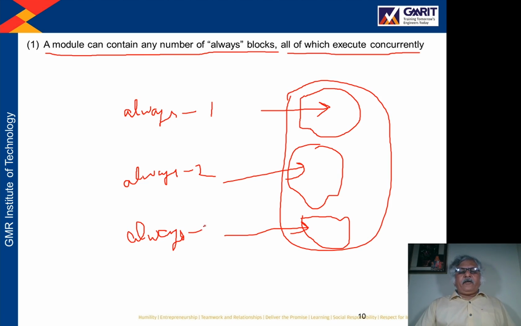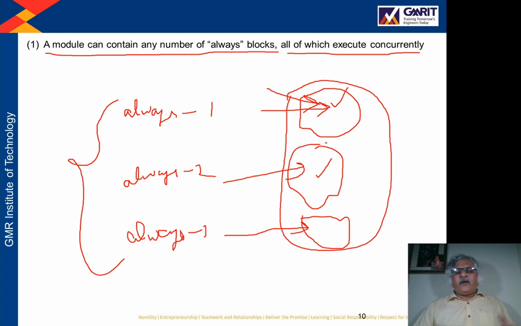So there can be any number of always blocks, but all these blocks will execute in parallel. Because in hardware, suppose some inputs are changing for this hardware and some inputs are changing for that hardware. Both should execute in parallel.